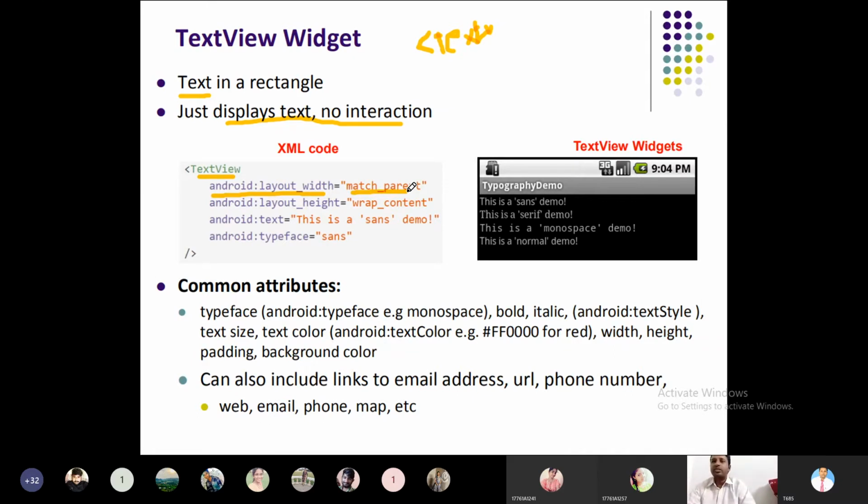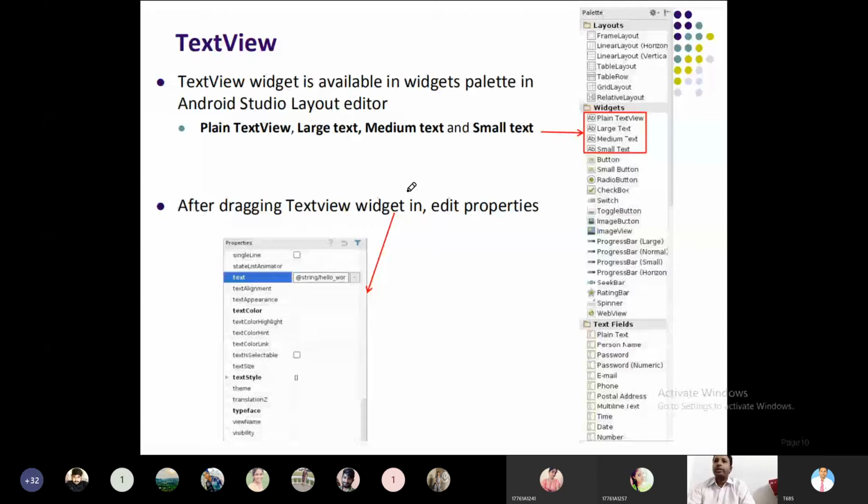Let us move to the next point. As I said, these widgets are available in Android Studio. It will show all the controls that are available. We cannot remember all these things, but the important ones we will know. You can just drag and drop them, and there will be a properties window.